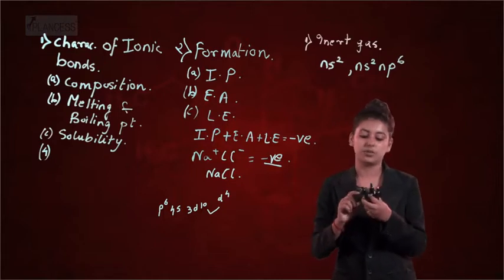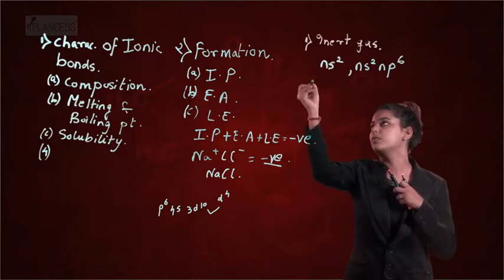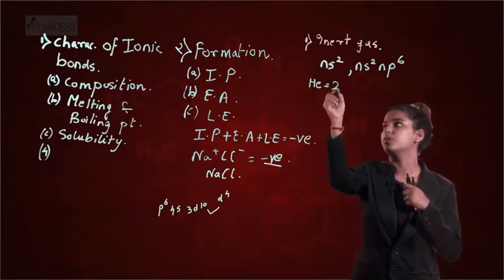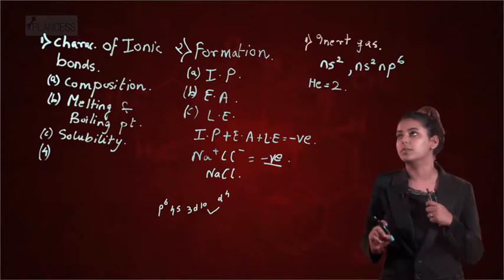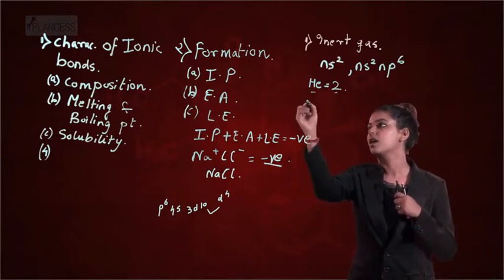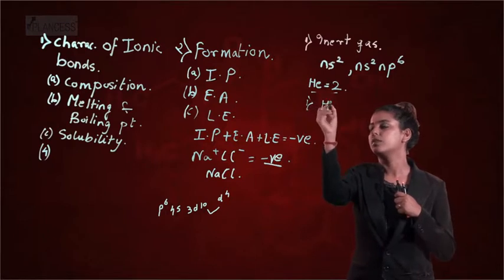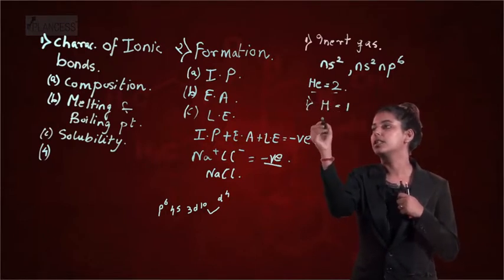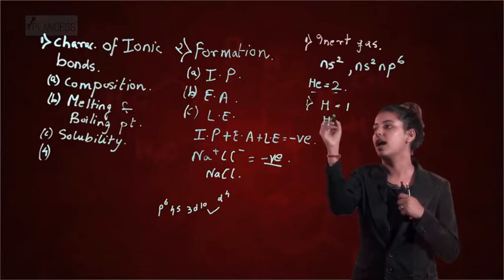For ns2, the example is helium. Helium has an atomic number of 2, making it a stable element. In order to attain the configuration of helium, hydrogen, having 1 as atomic number, gains 1 more electron and thus becomes negatively charged.